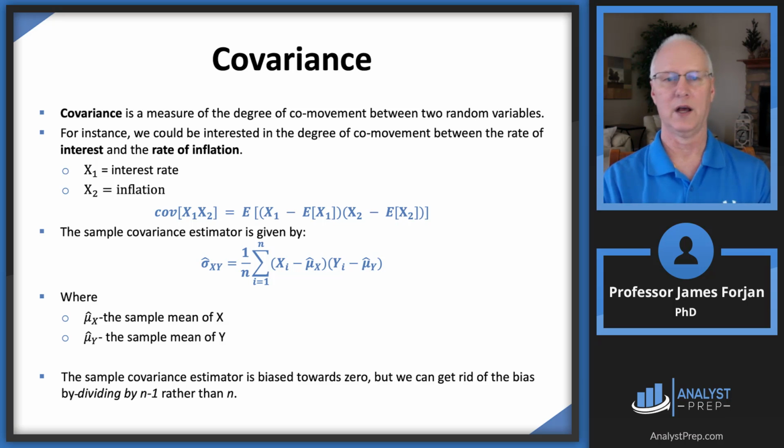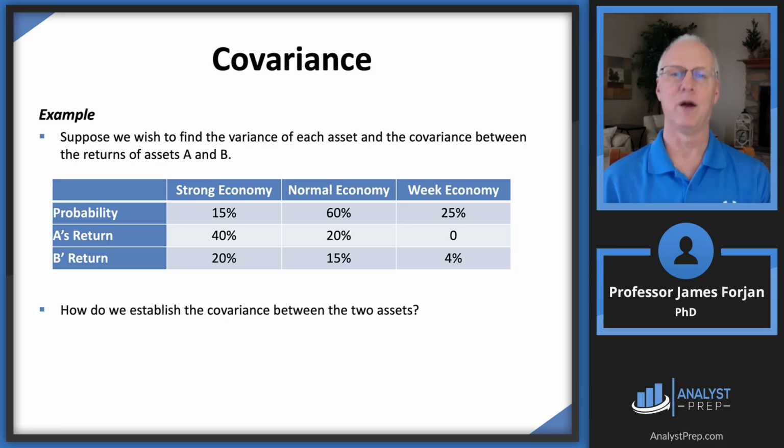And there's the sample covariance estimator, and notice the notation sigma hat sub xy. X and y are the two random variables. Now, let me go ahead and remind you of the need for dividing by n minus 1 rather than n. To have an unbiased estimator, we'll divide by n minus 1.